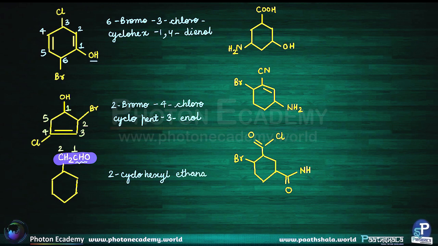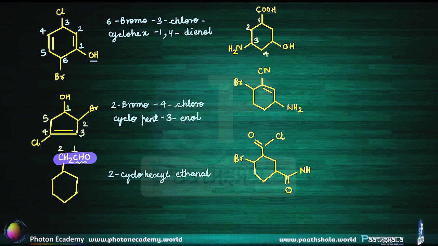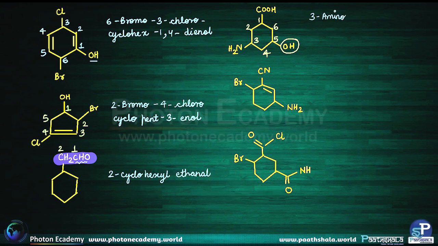In the next one, we start numbering from this. So 1, 2, 3, 4, 5, and 6. Notice now this OH has become a side substituent. The name of this compound is 3-amino-5-hydroxycyclohexane.